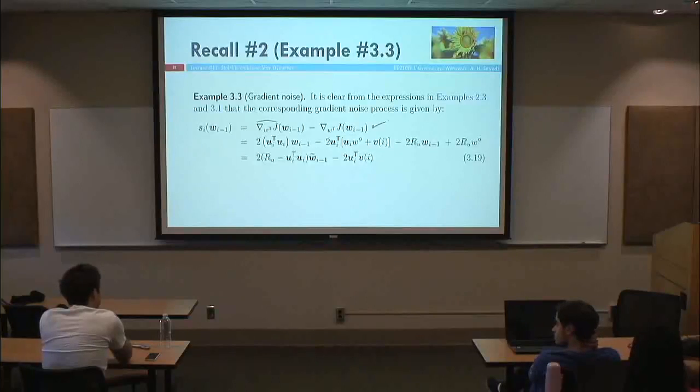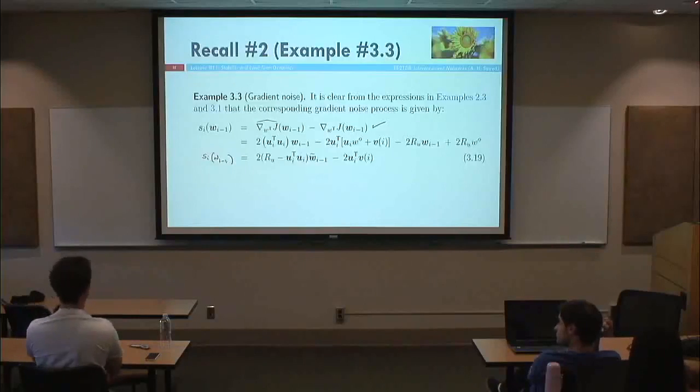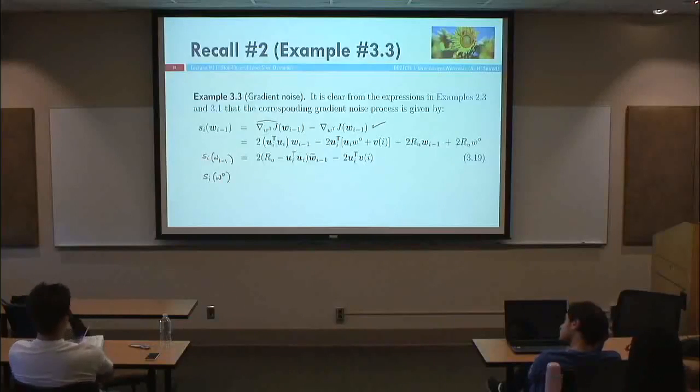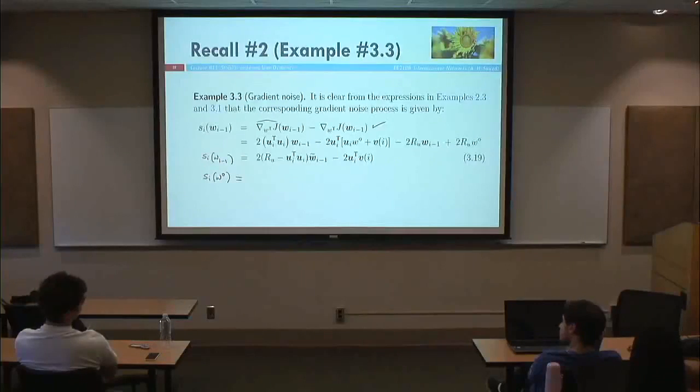I subtracted them, and you arrive at this expression for the gradient noise. Now, what would be the gradient noise at omega 0? Assuming that you converge to the true solution, this term will disappear, so you will just get 2u transpose v.